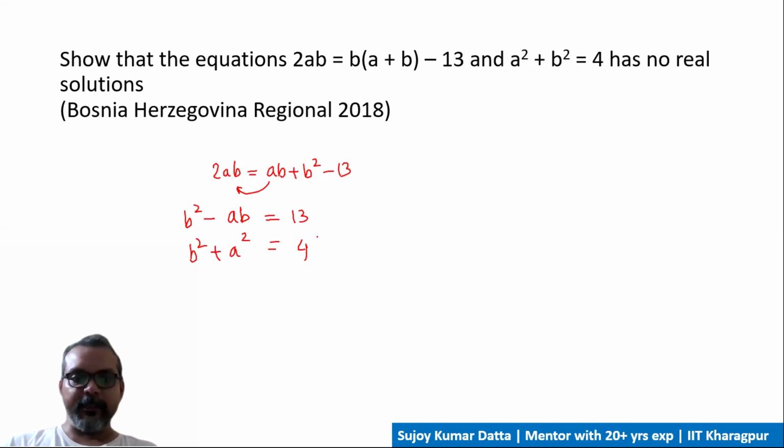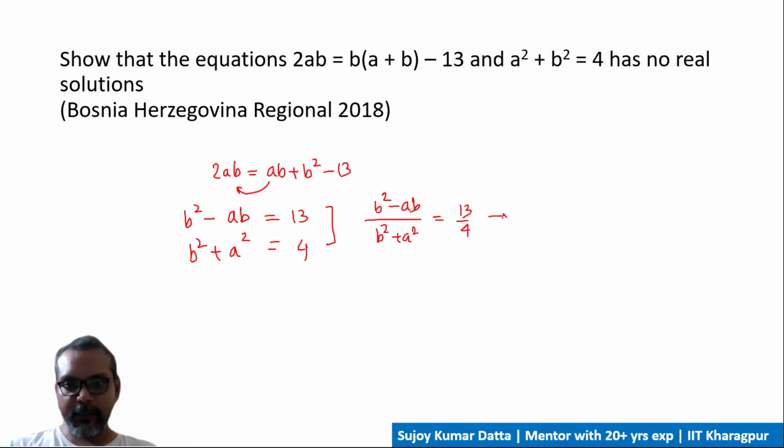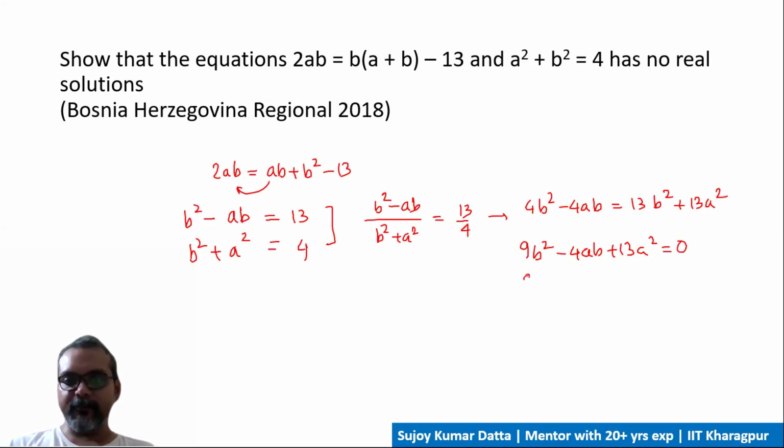So if I, let's say, divide them, that way what we'll get is a quadratic form of a square and b square. That's why we are dividing these. So 9b squared minus 4ab plus 13a squared is 0. Divide by a squared.